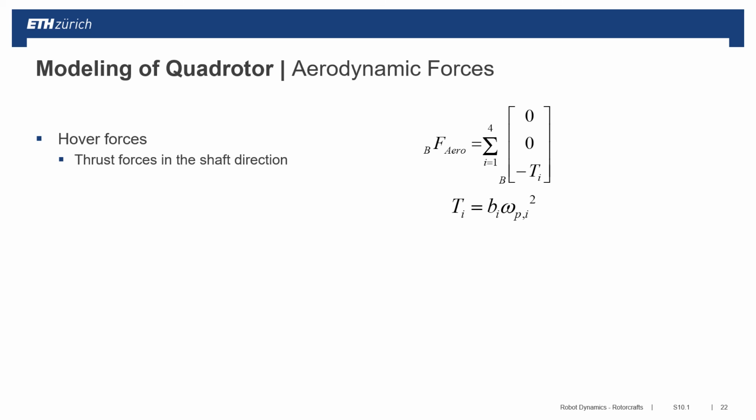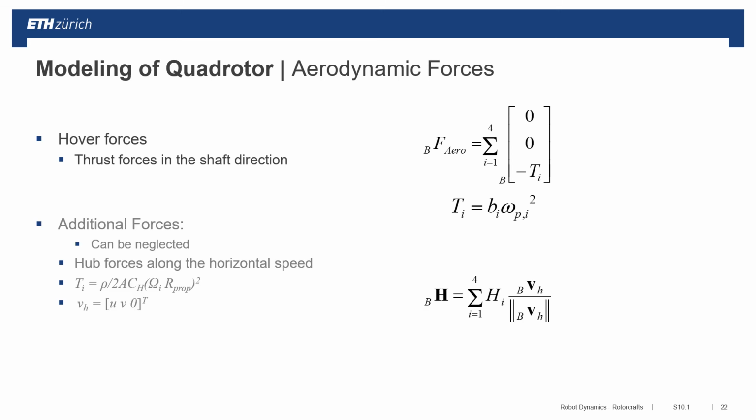Furthermore, we have seen that the thrust force can be calculated as a constant multiplied by the square of the rotational speeds of the individual rotors. Additionally, we have the hub force, which is coming from the motion in the horizontal direction of the helicopter. In our case, for the hover, we have no vertical and horizontal movement, and therefore this hub force can be neglected.